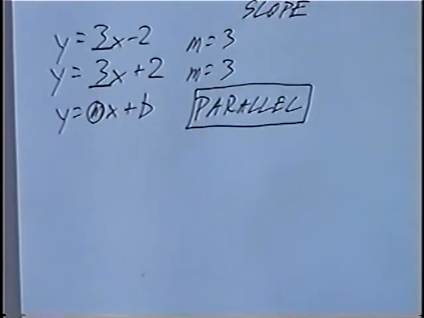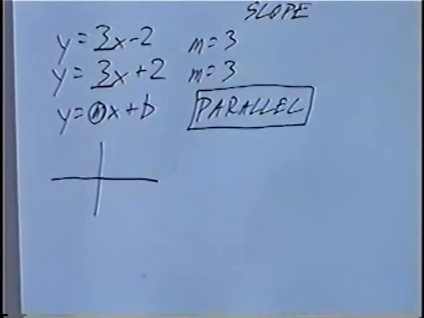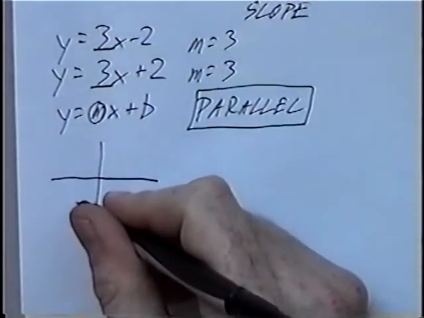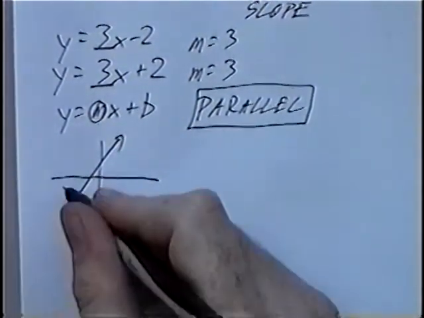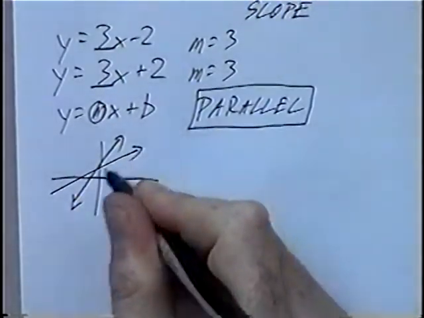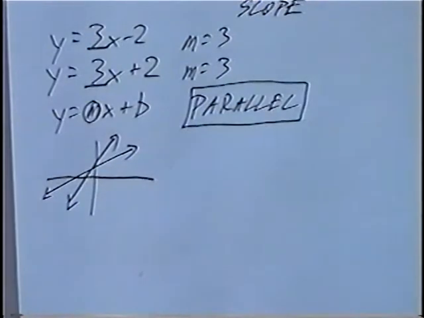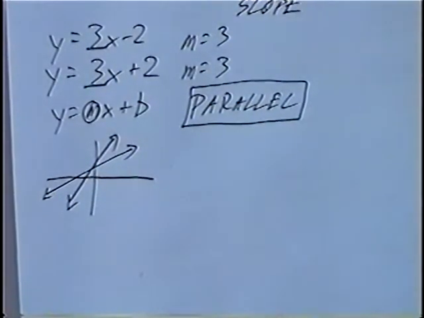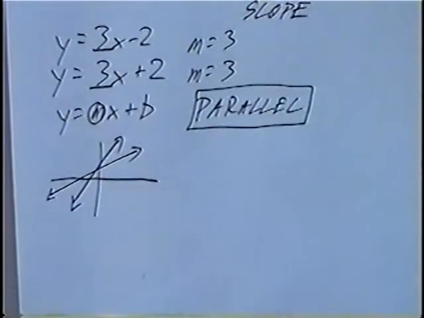Second question is a graph on an xy axis. One line and the second line. Looking at these two lines, we can decide if they look parallel, if they look perpendicular, or if they are neither. Parallel lines would be lines that go side by side and do not cross.